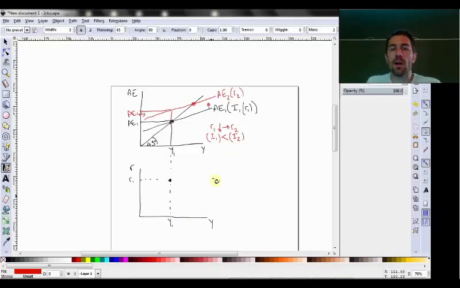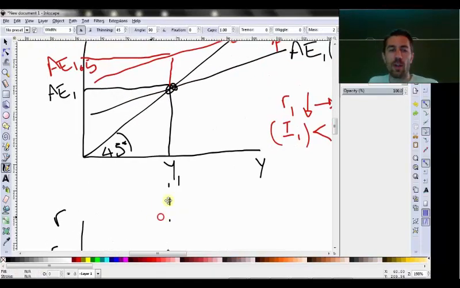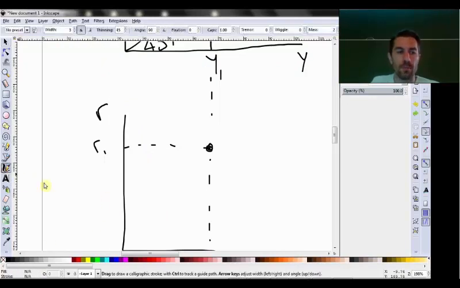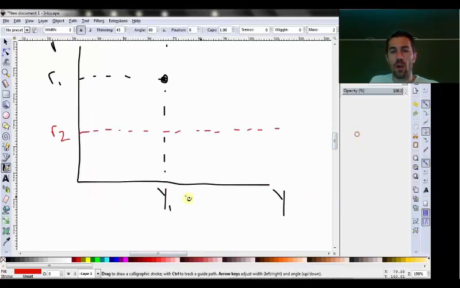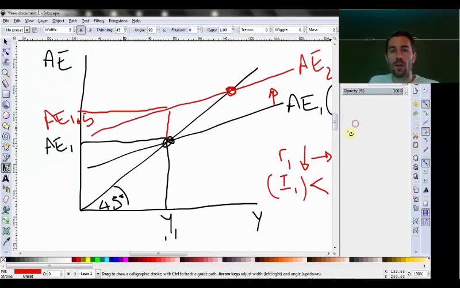To complete the plotting of our IS curve, are you happy that when we decreased interest rates from R1 to R2, I can choose some interest rate R2, which is below R1. And R2, if I look at all the different values of Y in relation to R2, at what point do we have equilibrium in our aggregate expenditure curve?